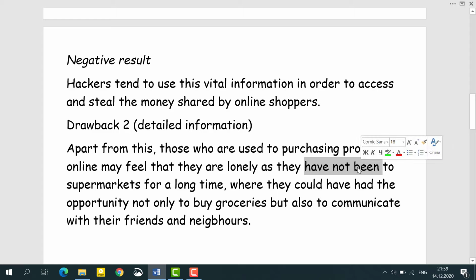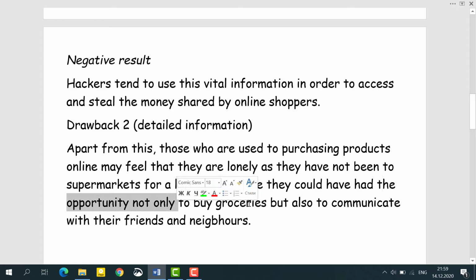Haven't been to supermarkets for a long time. Here, where they could have had. They could have had the opportunity, but they didn't have this opportunity. So I'm using a very complex grammar here. In this case, the opportunity, I know what kind of opportunity we're talking about. And next, not only, but also. Not only to buy groceries, but also to communicate with their friends and neighbors.